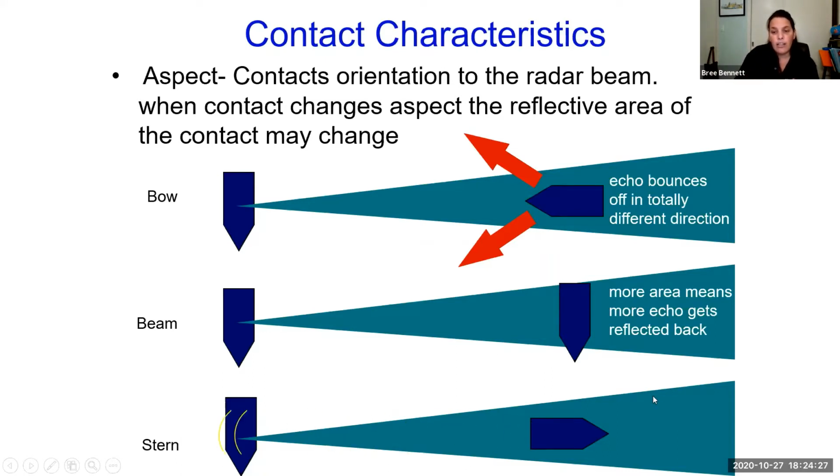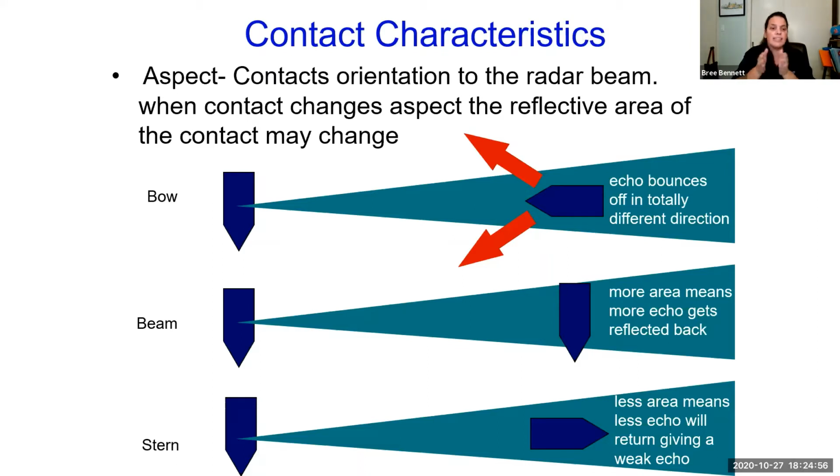If we get one on the stern of the vessel, it has less area to give us back, but it is most likely pretty flat. So again, we're just thinking of what's the best possible situation for us to get that strong pulse coming back towards us, because that's the whole concept of radar, is we're sending these pulses out and we're getting them back.